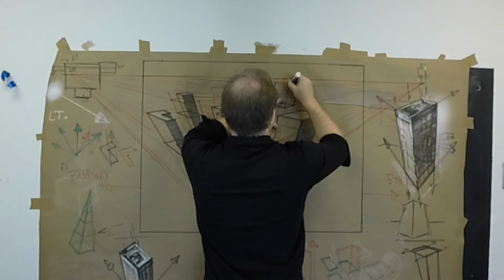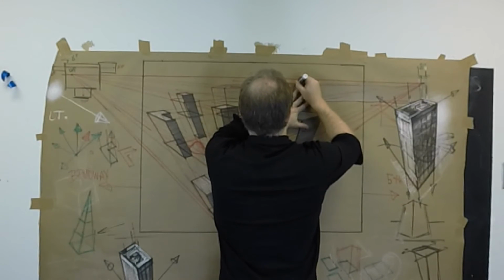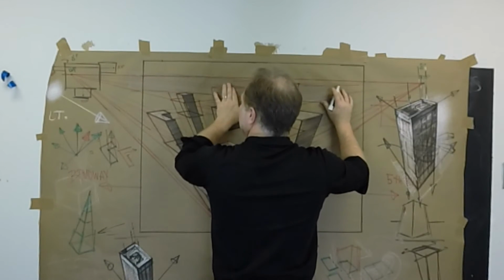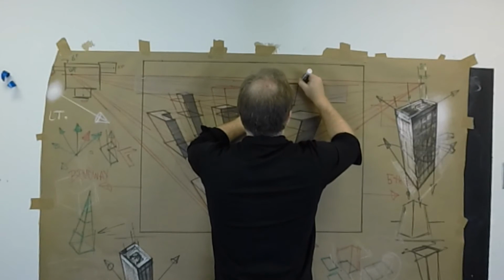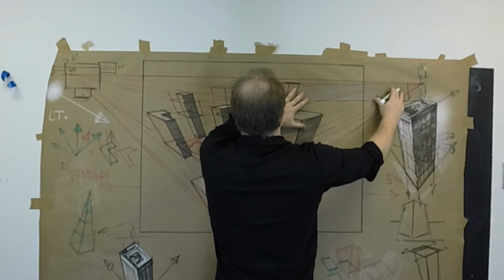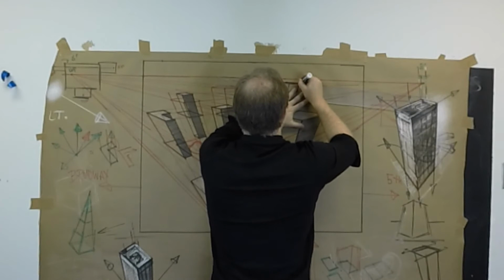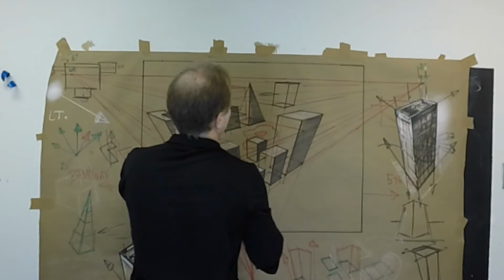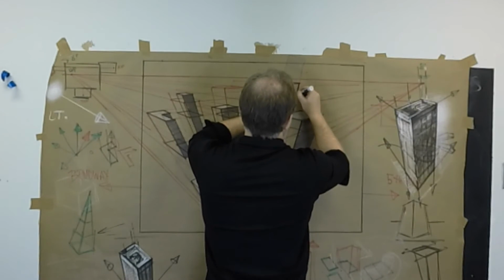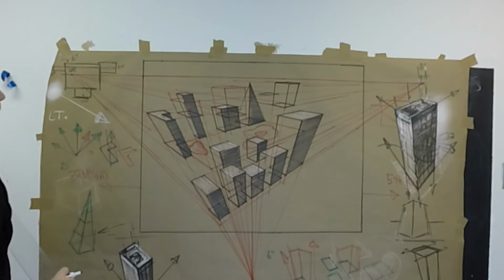Okay, so we have that over, and then that over to the right, and then back to the left here, and then back to the right here. So now you can hopefully see better that I've got just a slight view of that top in my composition. So we have that as well.